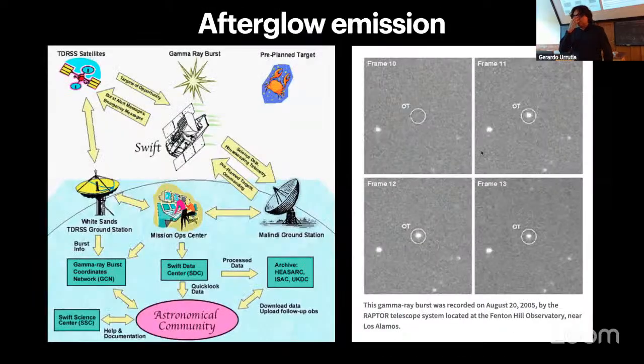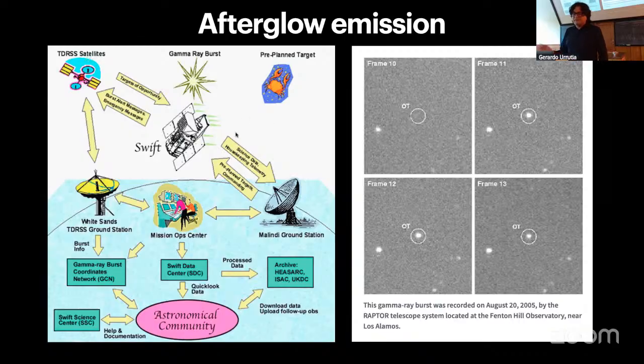A second stage in the emission is the so-called afterglow emission. The gamma ray burst is usually detected by satellites. We have now mainly 2 operating satellites, Swift and Fermi. For example, Swift is orbiting around the Earth. The gamma ray burst is detected, and it informs the telescopes on Earth of the position of the burst.